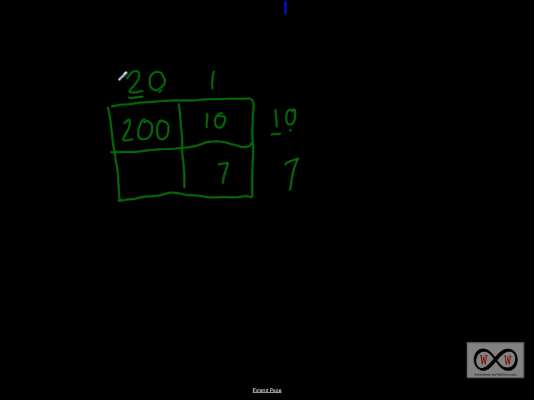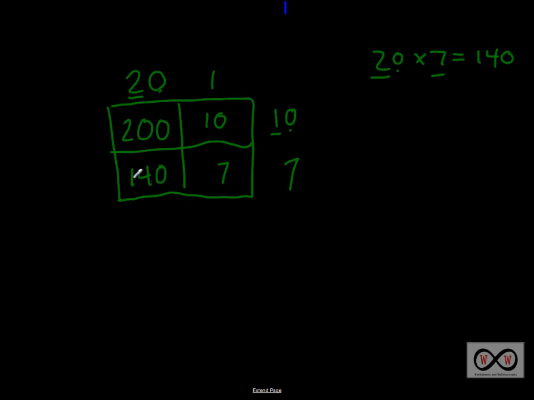And 7 times 20, or 20 times 7, well, I'm thinking basic fact of 2 times 7 equals 14. And we're dealing with 2 in the tens place, so we have to tack on that extra 0 there, giving us 140.